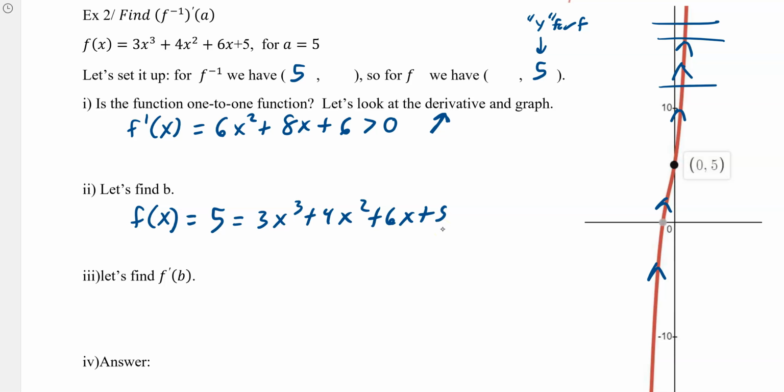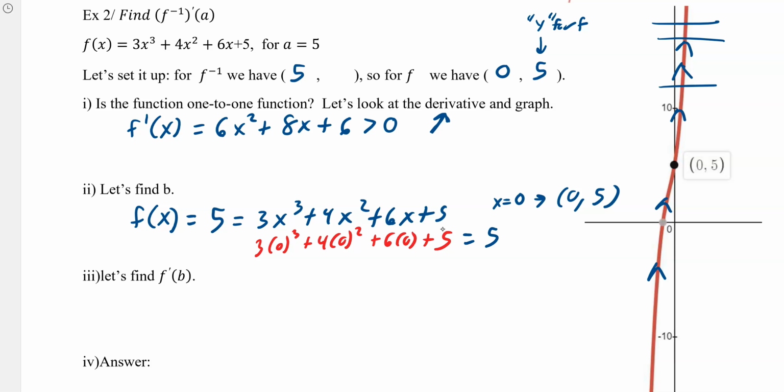And so if we were to plug in 0, you would see that we get 5. So we know that our x value would be 0, giving us the point (0, 5).